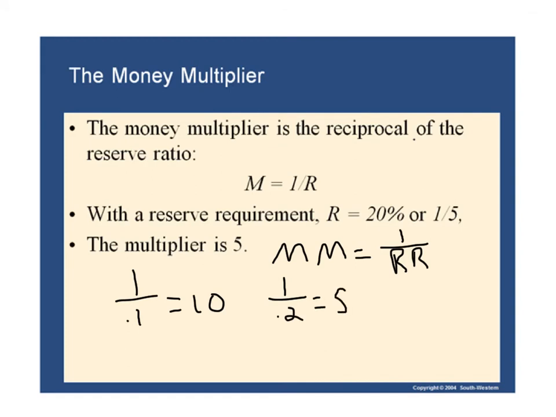If the reserve ratio were 50%, it'd be 1 over 0.5, or 2. This means that under those different scenarios, one new dollar could create 10 new dollars using 10%, 5 new dollars using 20%, or 2 new dollars using 50%. So obviously changing the money multiplier is going to change the amount of money that's created.